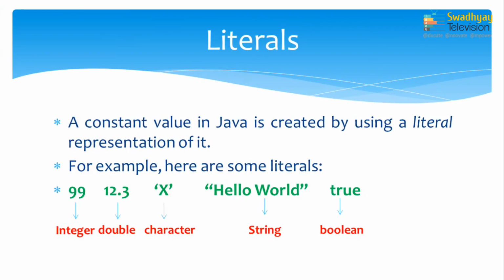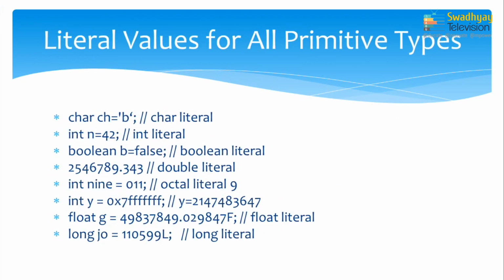Next we see an example of all types of literals, that means literal values for all primitive types. As mentioned earlier, character values are specified in single quotes, integer, boolean may be false or true, and we can have a double literal also.